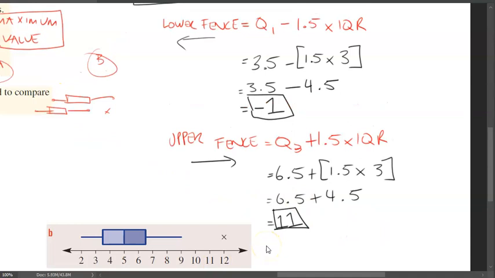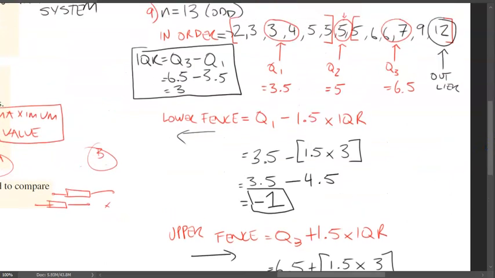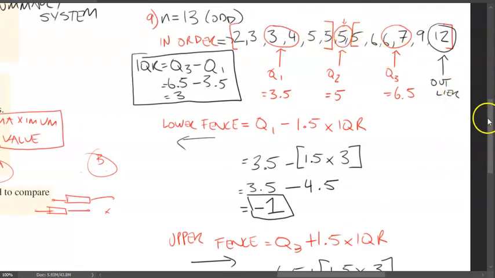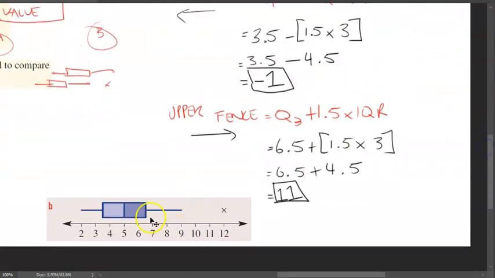And here is B, guys. This is the box plot successfully drawn. We have the minimum, which is 2, our Q1, which is 3.5, our median, which is 5, which we worked out here, our Q3, which is 6.5, and this second tail ends at 9, because we can already figure out that 12 here was an outlier.